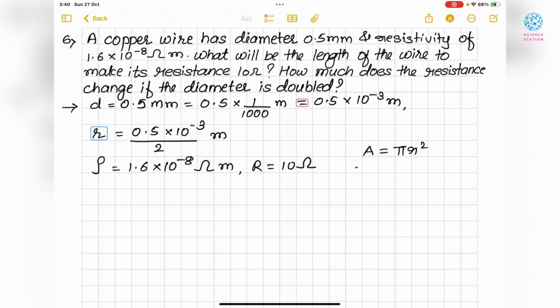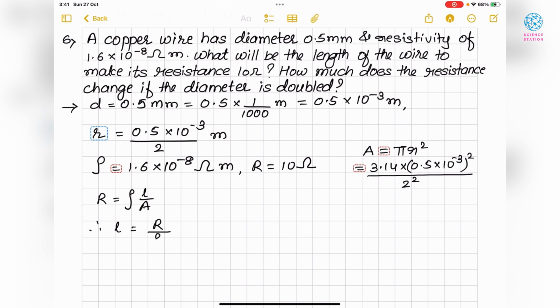So that is equal to 3.14 into r is 0.5 into 10 raised to minus 3 whole square upon 2 square. So these values now I am using in the formula. R equal to resistivity L upon A. So therefore L equal to R upon resistivity into A.